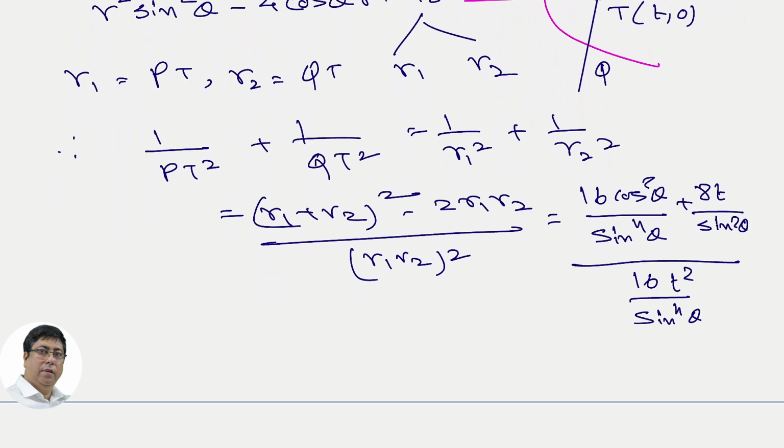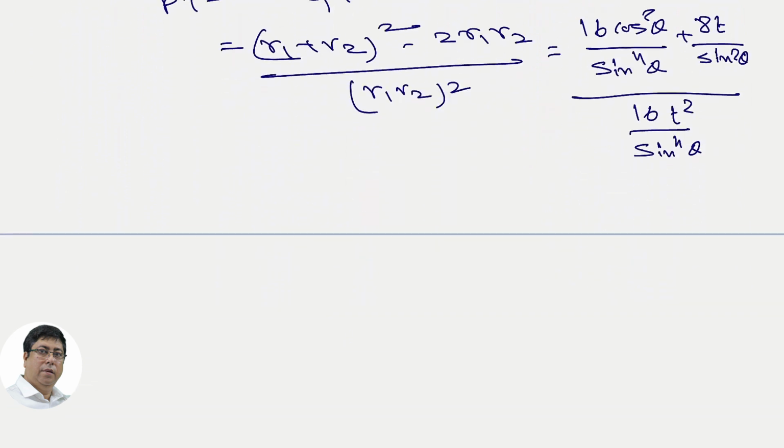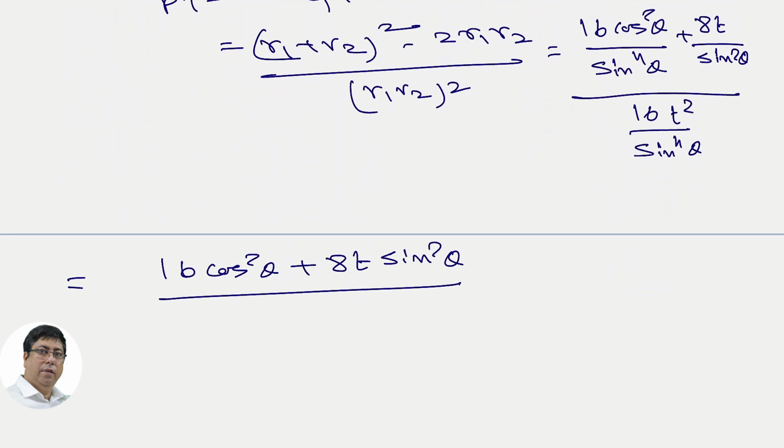If we calculate properly, we are getting here 16 cos square theta plus 8t sin square theta, divided by 16t square. So this is independent of theta.